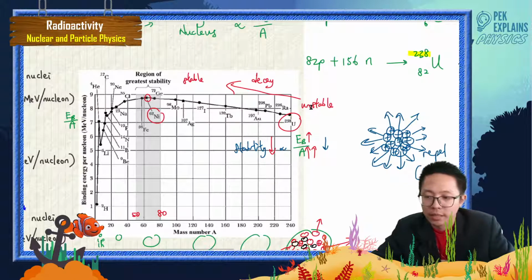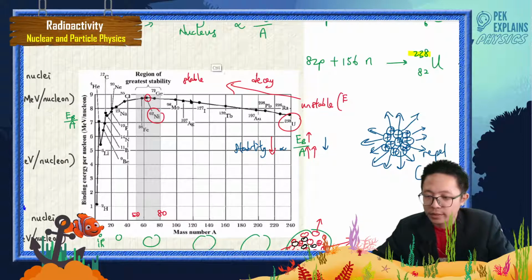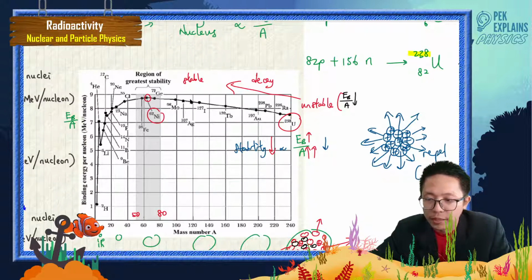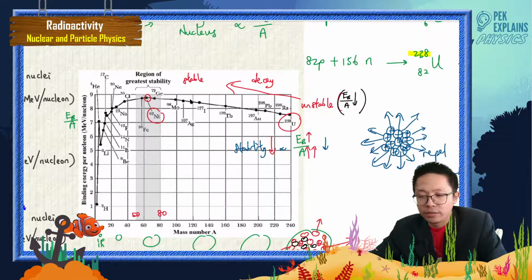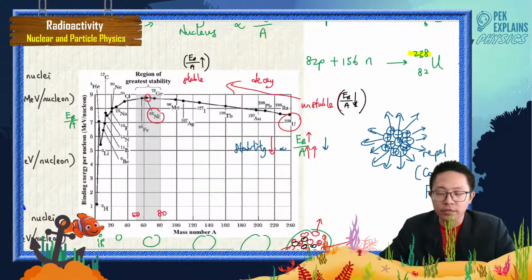When you go to the left-hand side, you are trying to achieve a higher binding energy per nucleon. It is unstable because it has very low binding energy per nucleon, so it decays to form a more stable nucleus with higher binding energy per nucleon.